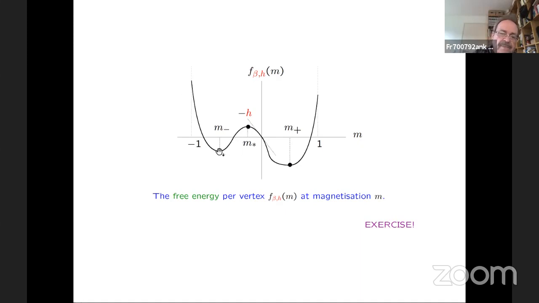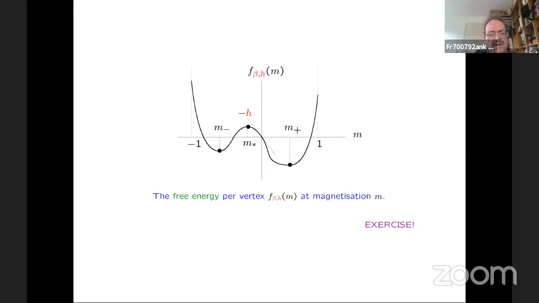There is a global minimum at a positive magnetization, coming from the fact that if the system is positively magnetized, it is aligned with the external magnetic field. It really likes that, and it has the lowest possible energy. It has another minimum, which we call the metastable state, which is at a negative value.